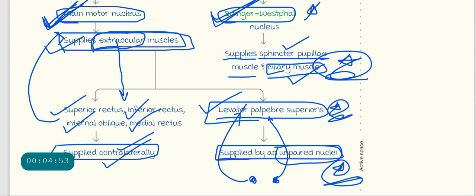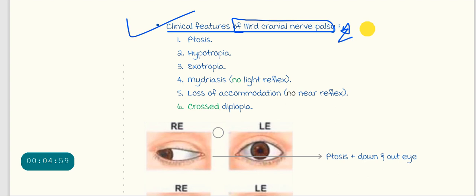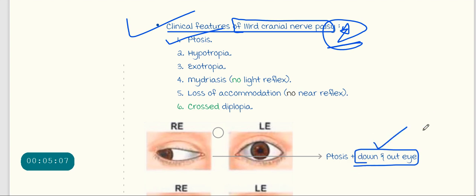Now what are the clinical features related to third cranial nerve palsy? Very important. These are ptosis, and ptosis is with the down and out eye. Okay, so the eye will look out, turned outward, and the eye will be displaced downward.